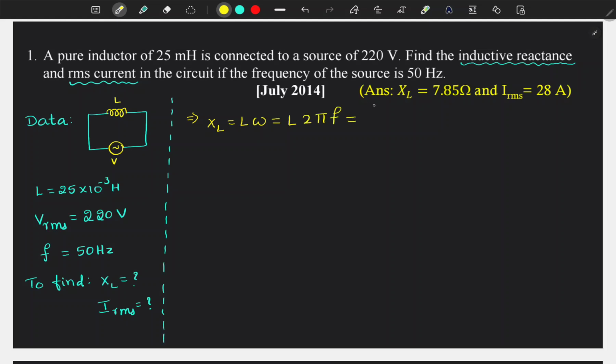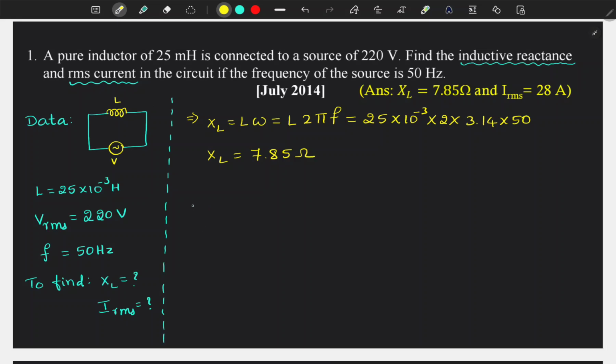So that is equal to L is 25 into 10 to the power minus 3 into 2 into pi is 3.14, f is 50. If you multiply this, you might get the value of XL as 7.85 ohms.